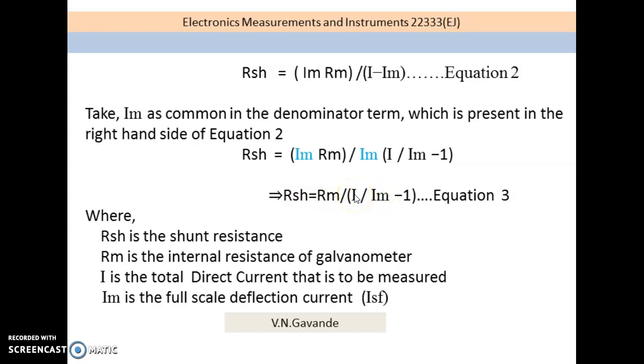Now in this equation, we define the terms: RSH is the shunt resistance, RM is the internal resistance of the galvanometer, I is the total direct current that is to be measured, and IM is the full scale deflection current, IFSD.